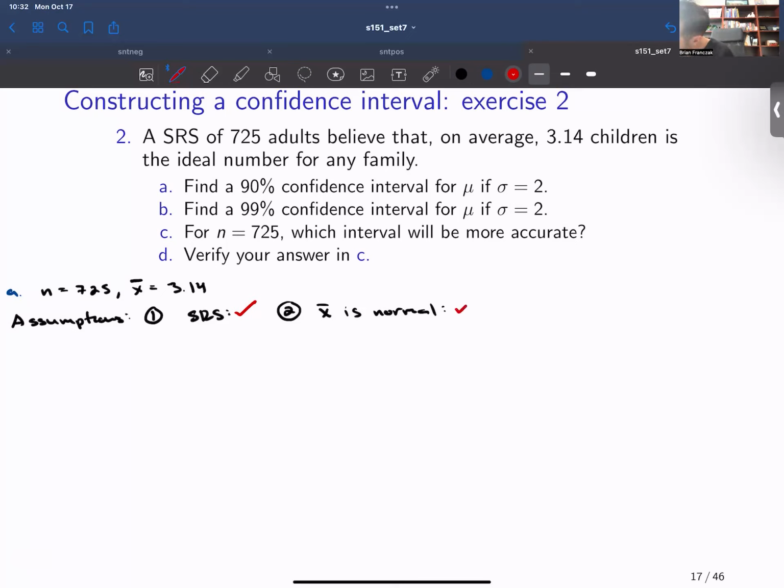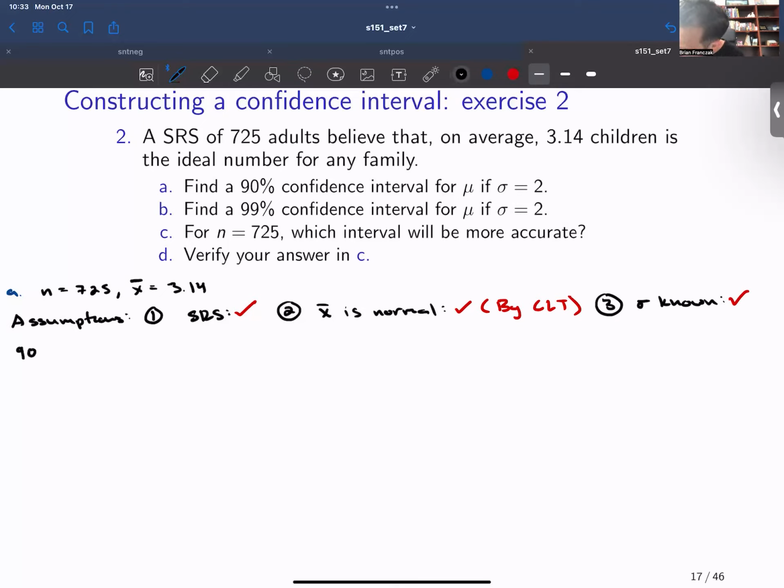So here we can say check, and then make a note: this is by the central limit theorem. Number 3 is sigma known. You can see in this question, we are told sigma is equal to 2. So in that case, it's checked out.